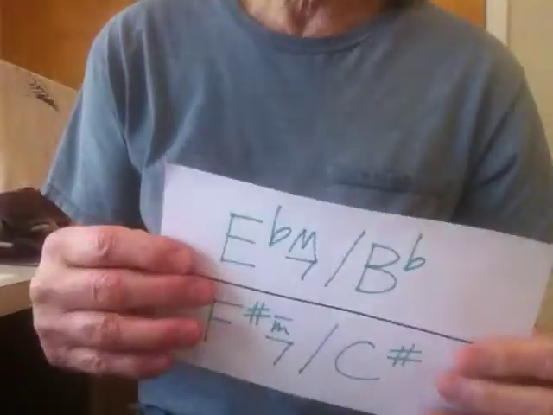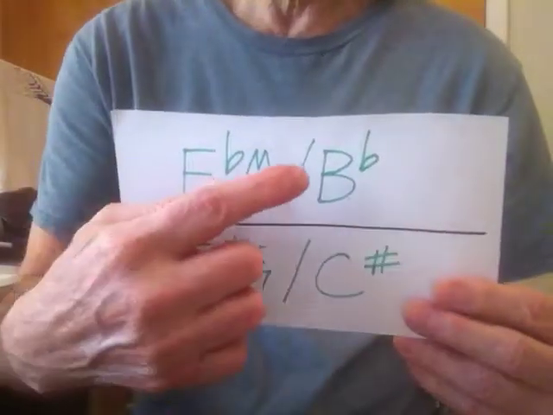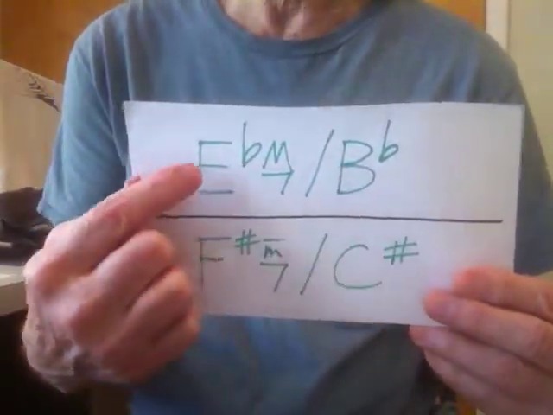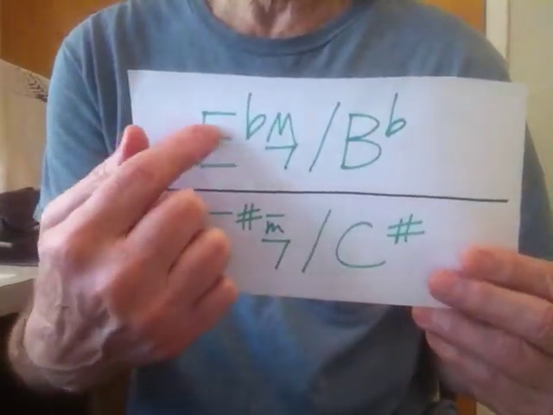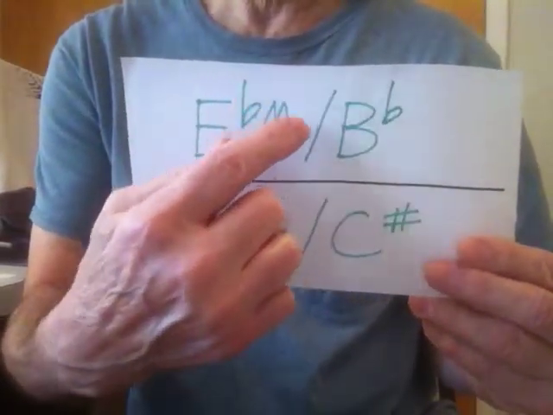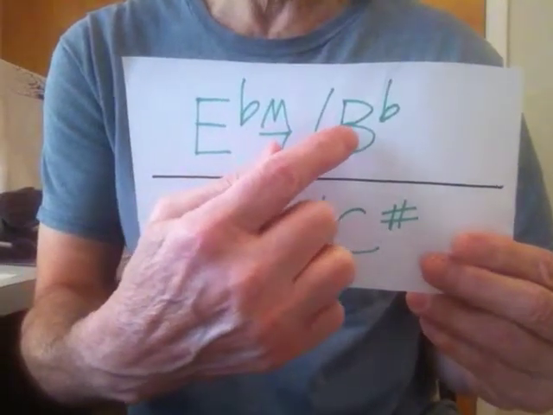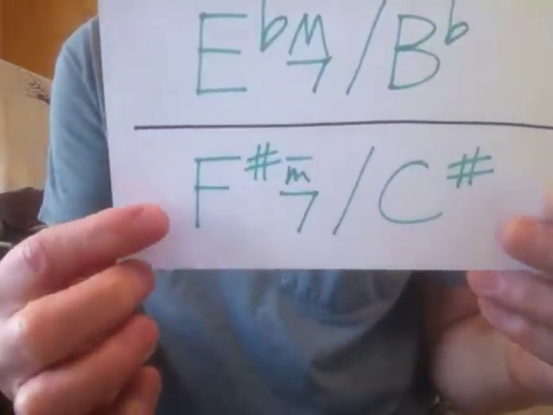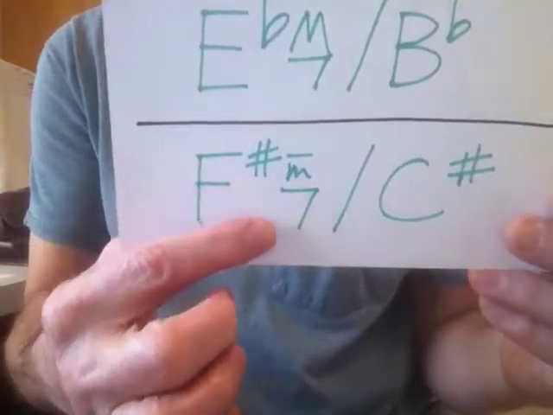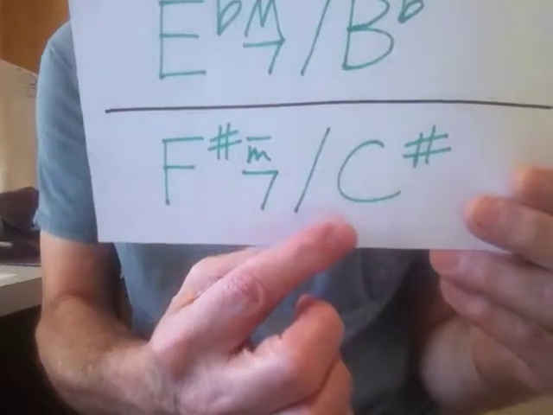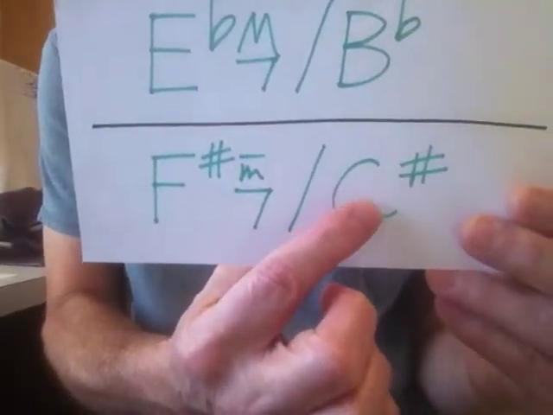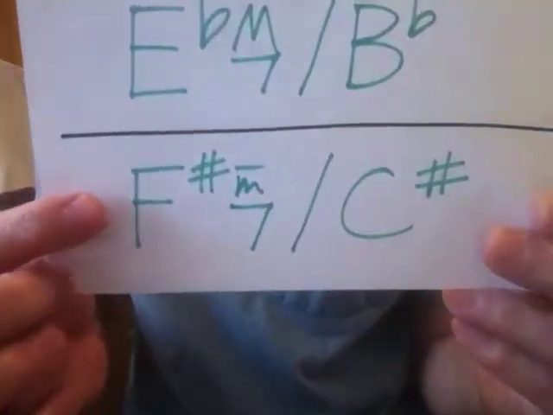And I also showed that if you have a chord in which the bass note is not the same as the root, then you notate your chord, then put a forward slash, and then your bass note. Here's another example. This F sharp minor 7 was determined to be our bass chord, but we saw that the actual bass note was not the same as the root of the chord. We talked about that.